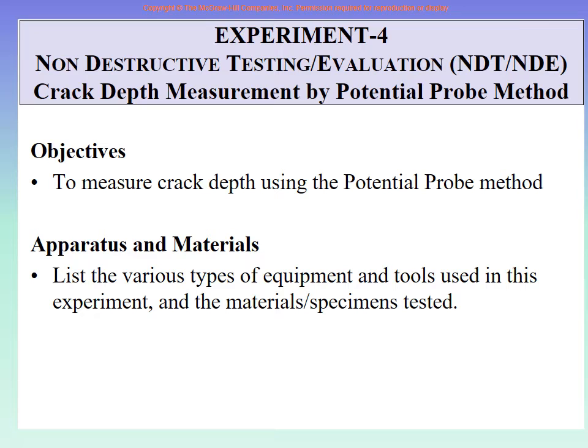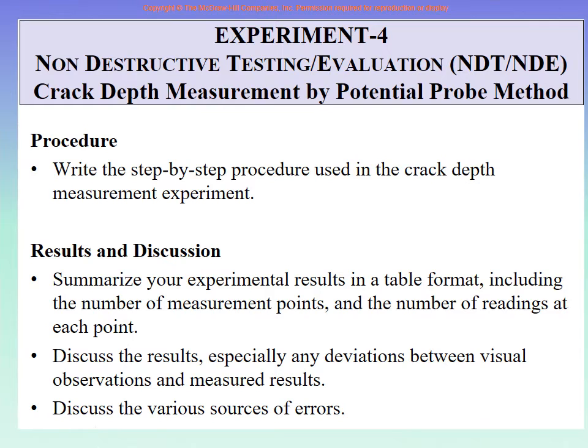But especially in this one, the potential probe method, the lab manual is also there, but the video will show you very clearly that this is the machine, this is the tool, these are the pieces, the specimens that we are using, we do this to it, and then we do this, and then this is the next step, and so on.